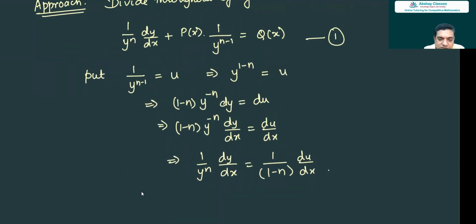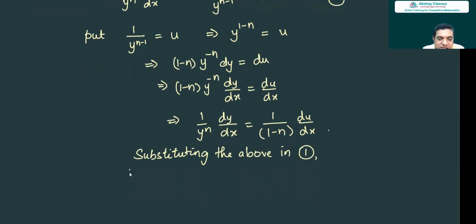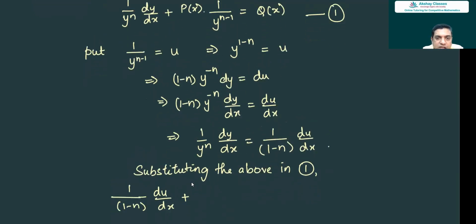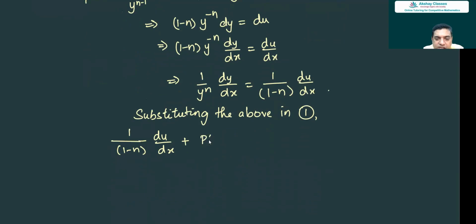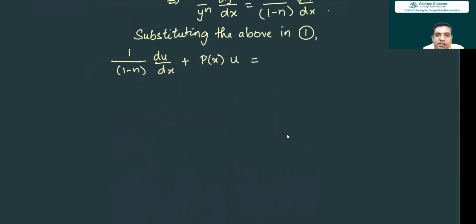Substituting the above in 1, we get 1 by 1 minus n du by dx plus p of x times u is equal to q of x.